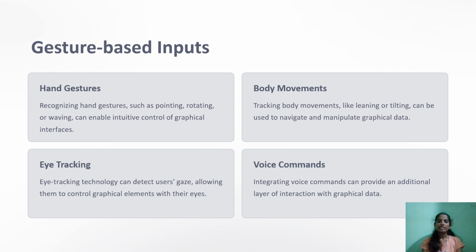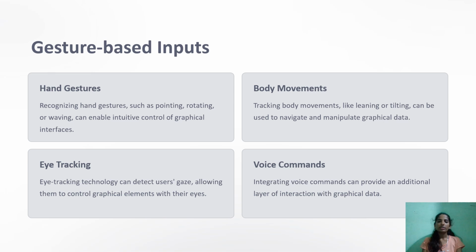Now, let's see the gesture-based inputs. In the gesture-based inputs, there are four methods: hand gestures, body movements, eye tracking, and voice commands. For the hand gestures, recognizing hand gestures such as pointing, rotating, or waving can enable intuitive control of graphical interfaces.